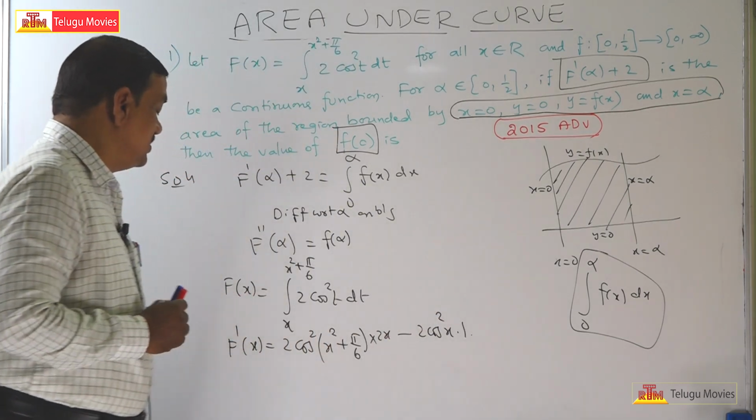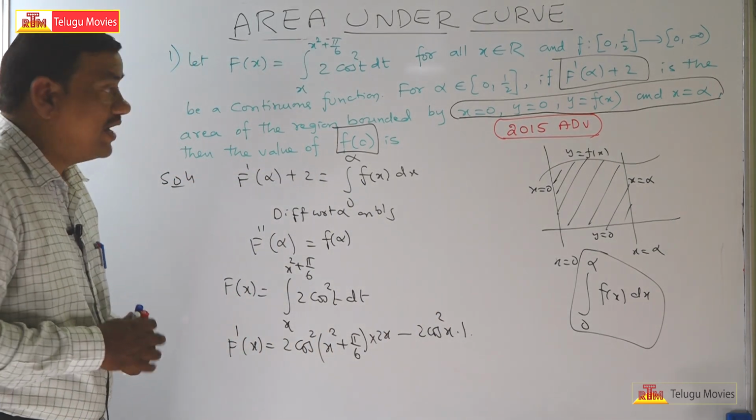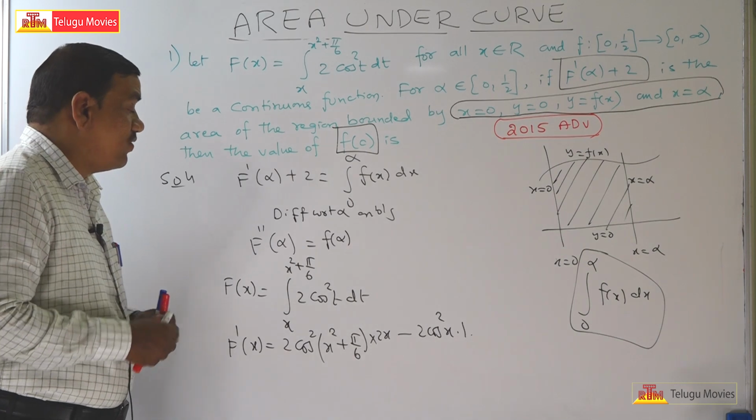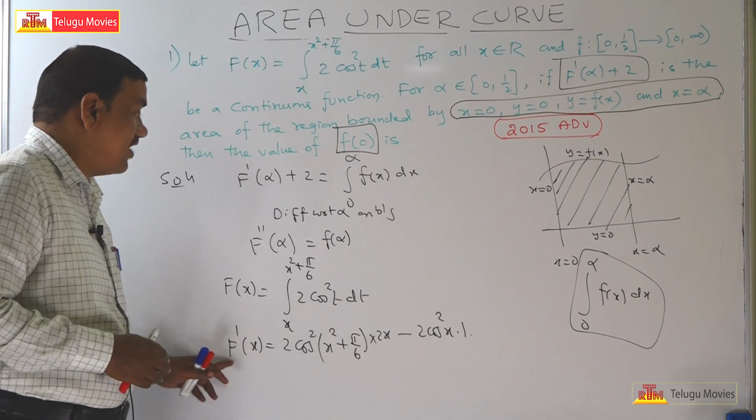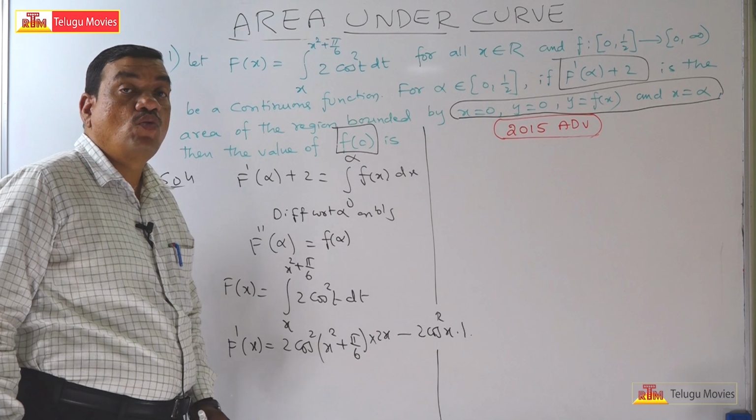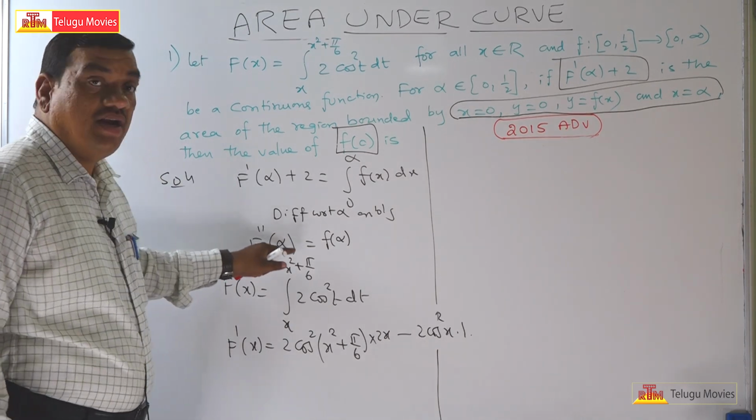Understand? So this is F dash of x. Now let us differentiate once again with respect to x. Here F dash of x we got, now we want F double dash of x.